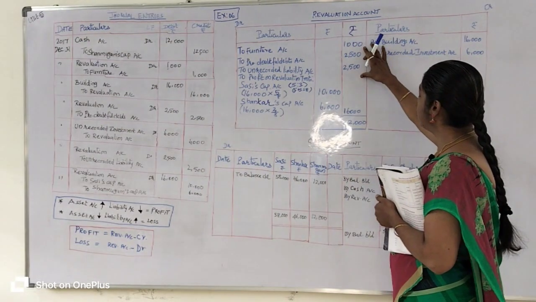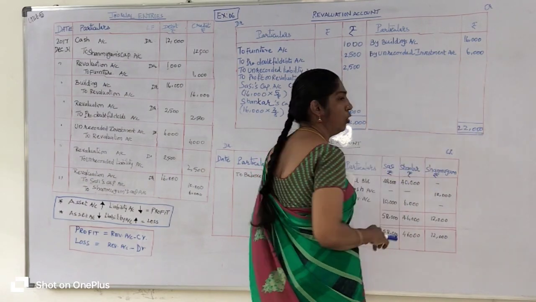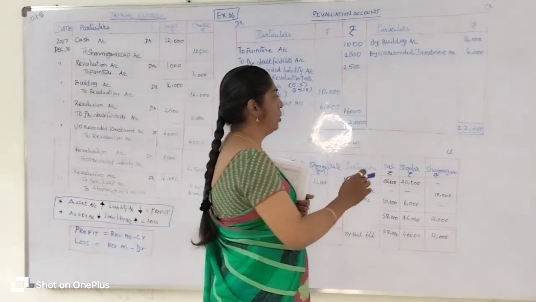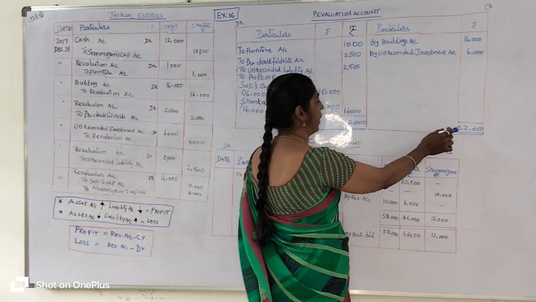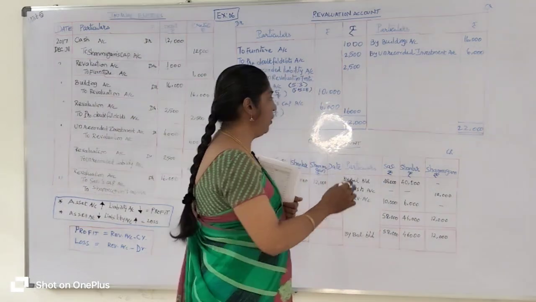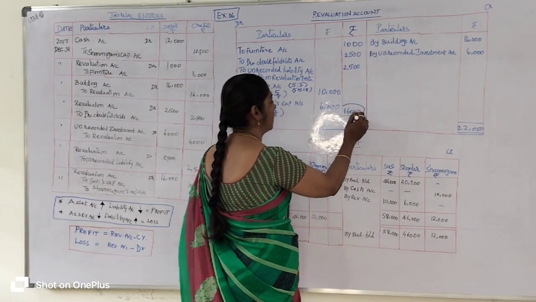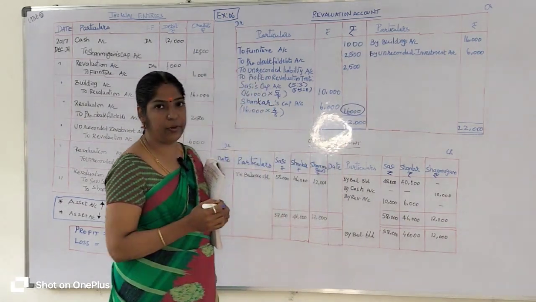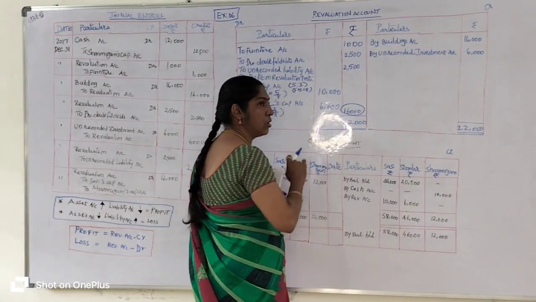That sum of 6,000 rupees you are going to subtract from the total 22,000. So 6,000 rupees subtracted from 22,000, you will get 16,000 rupees. This is the balancing figure. 16,000 rupees is the balancing figure. If you get the balancing figure on debit side, what is this called?